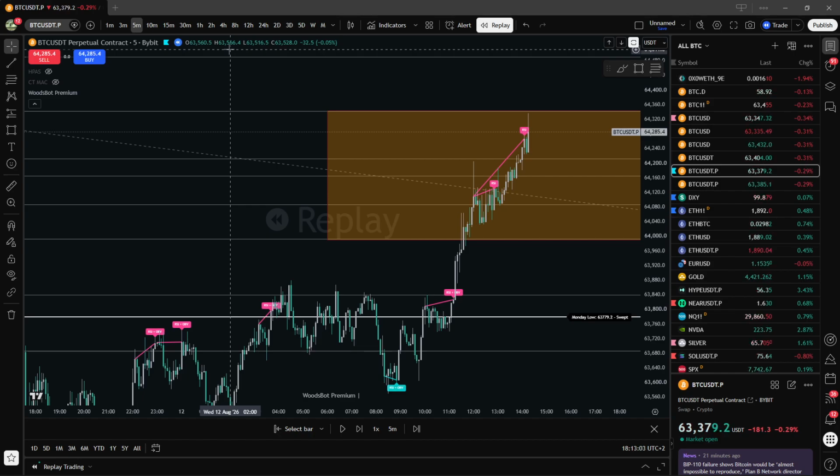Ideally, you want to see a demand or supply zone as well. In this case there wasn't, and ideally you want to follow the trend as well, right? So if Bitcoin is in a downtrend, ideally you want to look for shorts to increase your win rate. This is just the best practice, right?